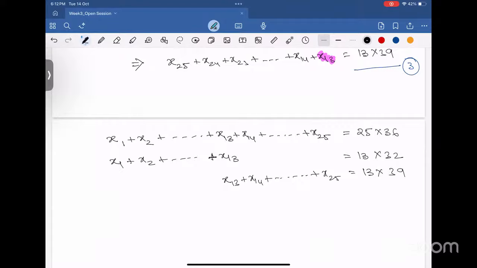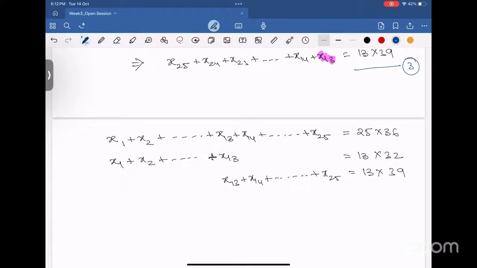Now can I do something with these 3 equations so that I can get x13? What can I do? The sum of the first 13 observations and the sum of the last 13 observations is the sum of all the 25 observations plus the 13th observation. Very good.